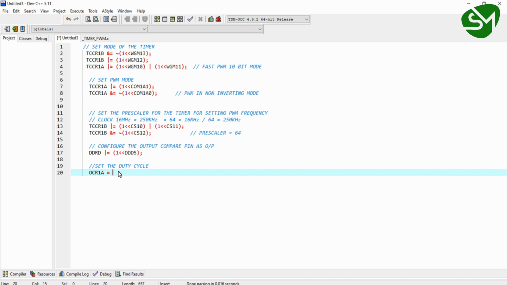If I want 75%, I can give 768. And if I want 100% duty cycle, I can give 1023. Likewise, you can give any value between 0 to 1023 for achieving duty cycles from 0% to 100% to this OCR1A register. So now I'm giving 50%, that is 512.